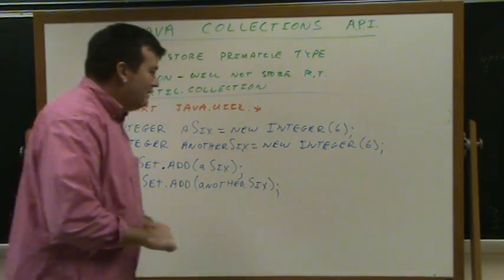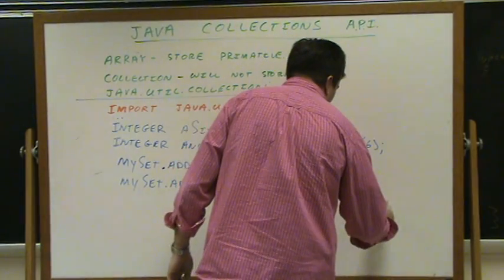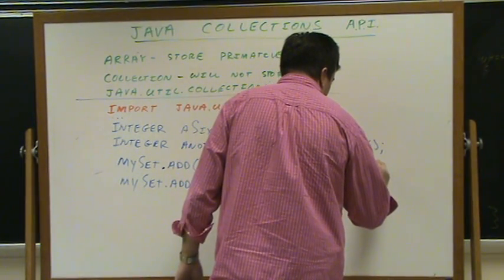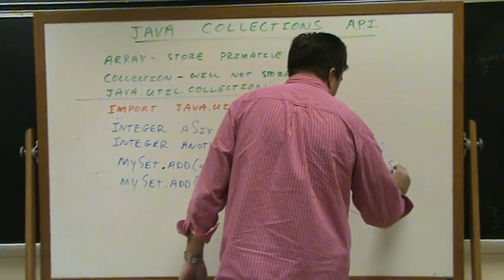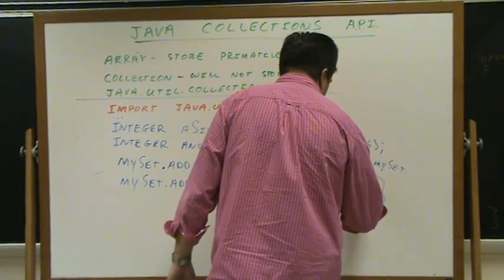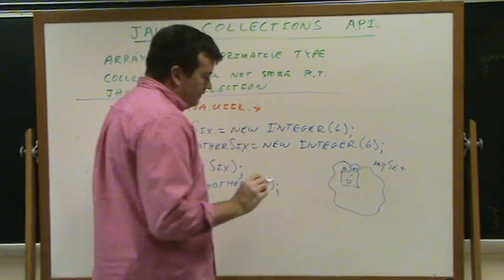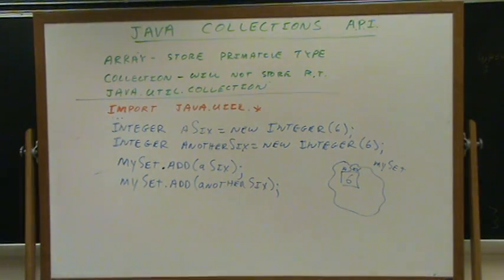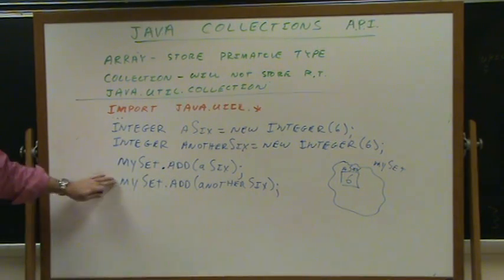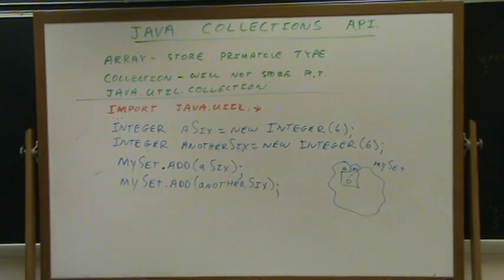So I can just draw the set as a cloud. This is my set. And it has a 6 in it. And now we're trying to add another 6 to it. It doesn't allow duplicates. So what would determine if this would add it or not?